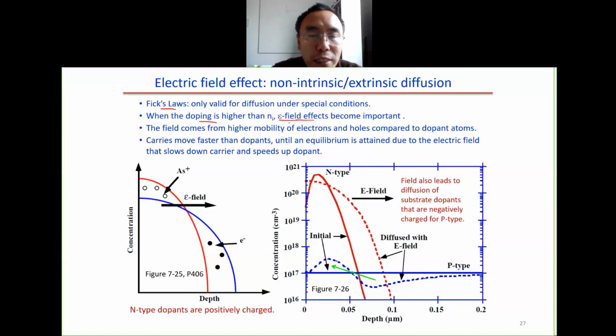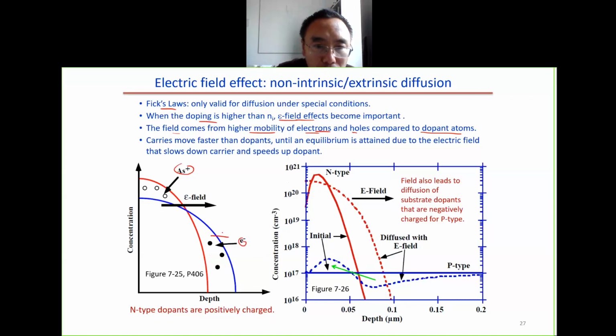The electrical field effect comes from the higher mobility of the electrons and holes. Obviously, electrons and holes can move faster than the dopant atom, so the dopant atom diffuses slower than the electrons and holes. For this case, we have an n-type dopant, so we have electrons.